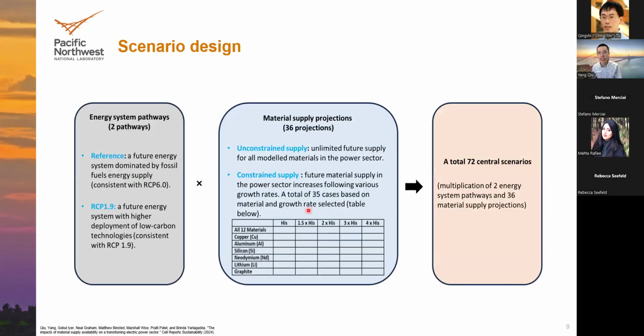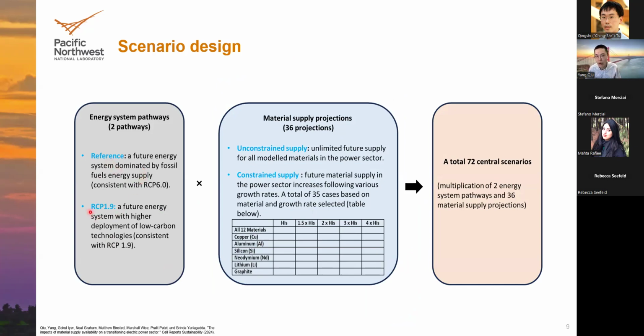So in this study, we have basically developed a range of scenarios to represent either energy system transition pathway or material supply projection. There are two main energy transition pathways which you can see here. One is a reference case, which basically assumes the future energy system will be dominated by fossil fuel.